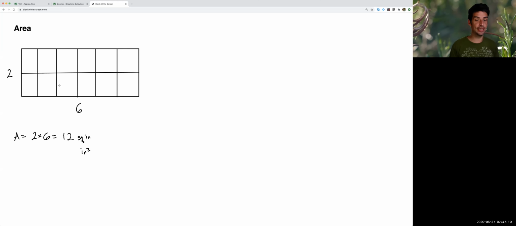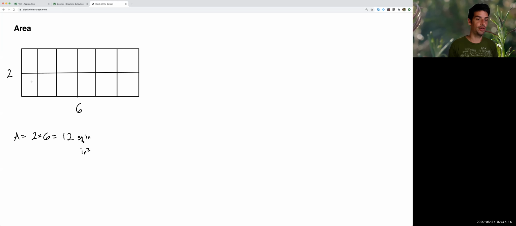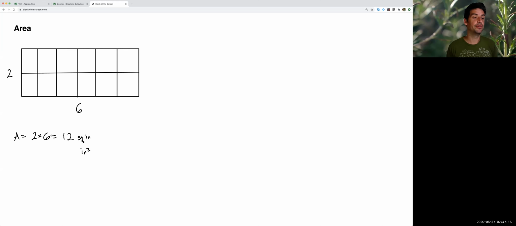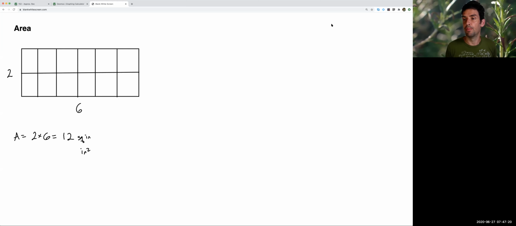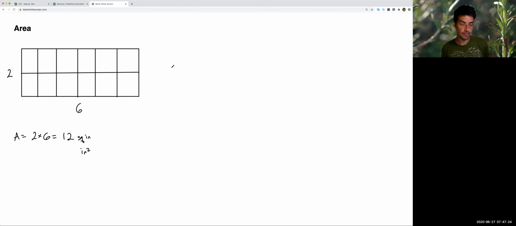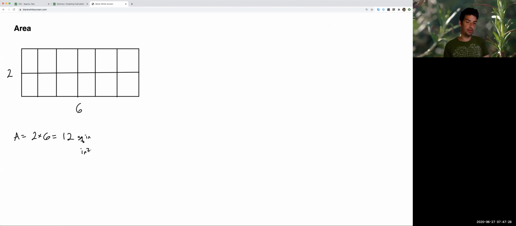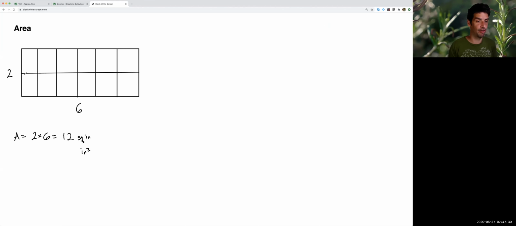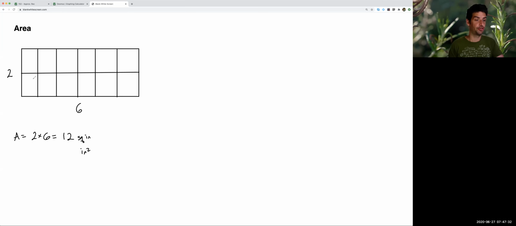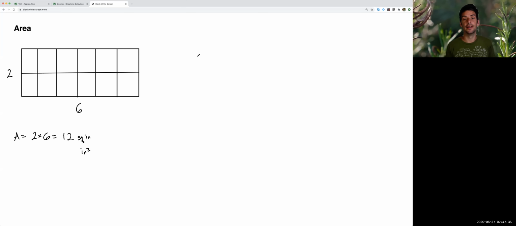It's just saying that we have 6 squares along this way and 2 squares up, and if you count them, you'd have 12. So again, my picture is not perfect, but that's the idea. And in this case, it makes very simple sense to see what we mean by 12 square inches, that if my drawing was to scale, these are square inches, a square that's an inch on each side.